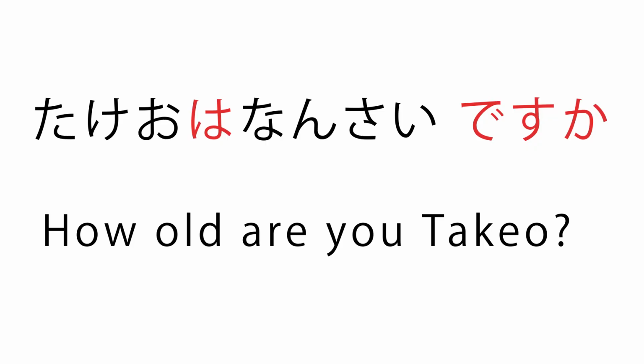So you could even ask a person how old they are. You'd put their name and then follow it with wa. So for example, if you ask me how old I am, you'd probably say Takeo wa nansai desu ka? So speaking of Takeo, speaking of yourself, how old are you?